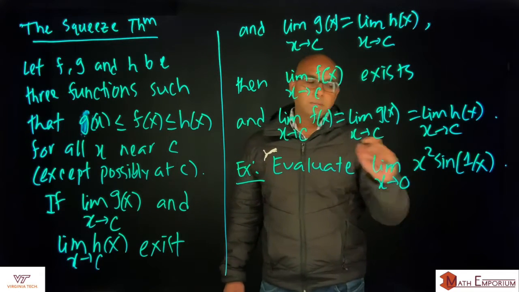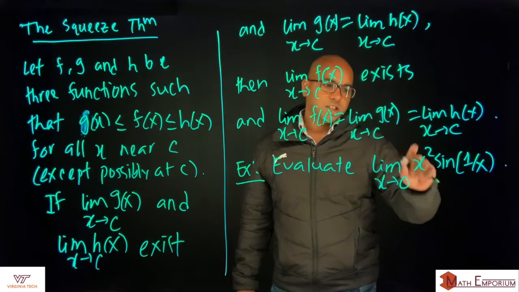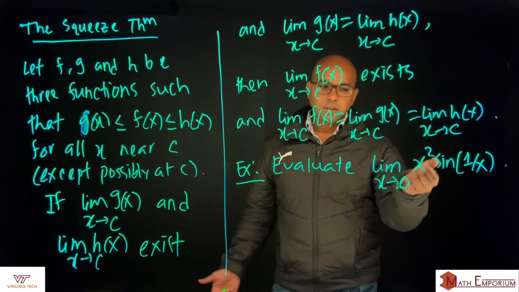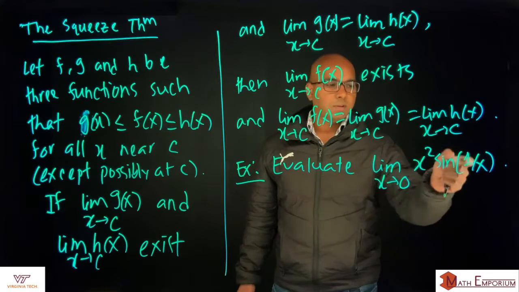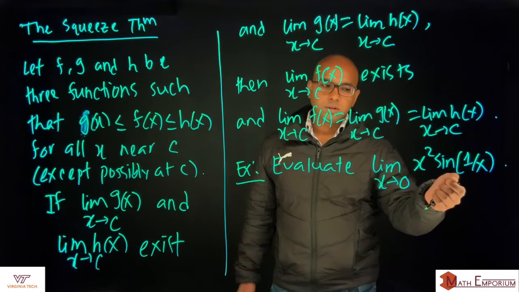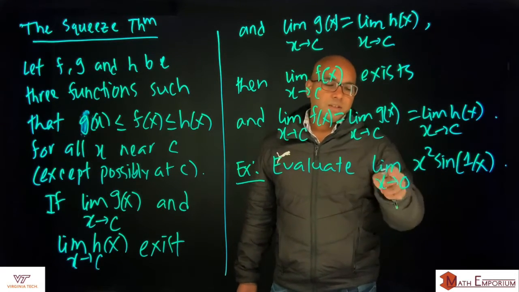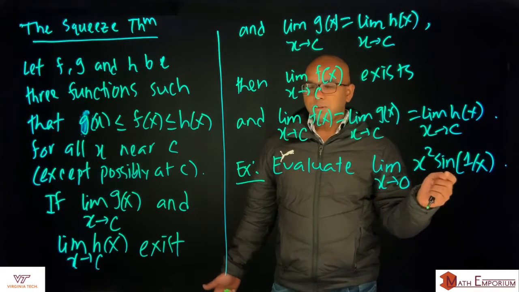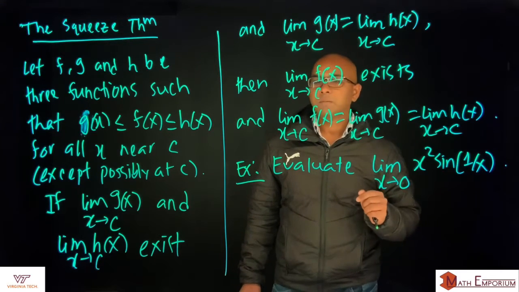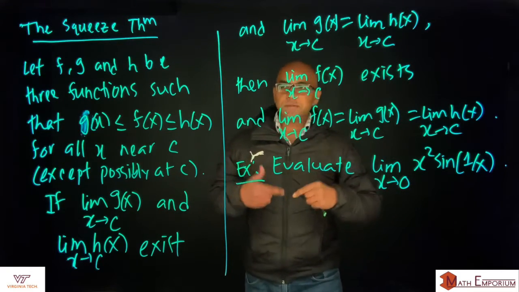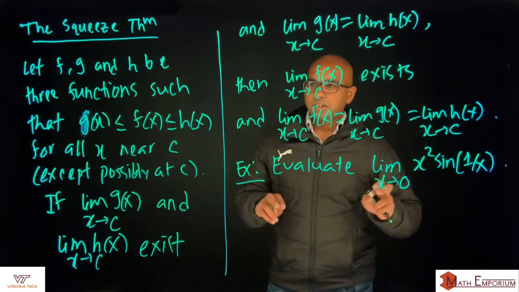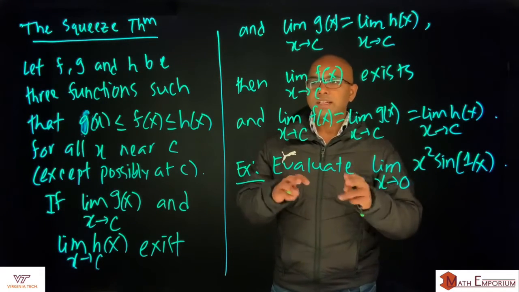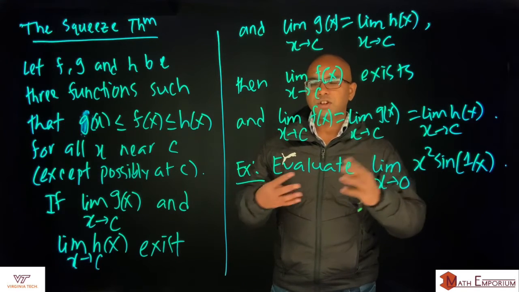x squared has a limit, but a very common mistake is to use the product rule of limits: you take the limit of x squared as x approaches 0, which is 0, and then the limit of sine 1 over x as x approaches 0, which is whatever, and then you say since this is 0, 0 times anything is 0, and therefore this is 0, right? But there is a mistake. When you say 0 times anything, there should be something, and that thing should be a number. But sine 1 over x as x approaches 0 is not a number.